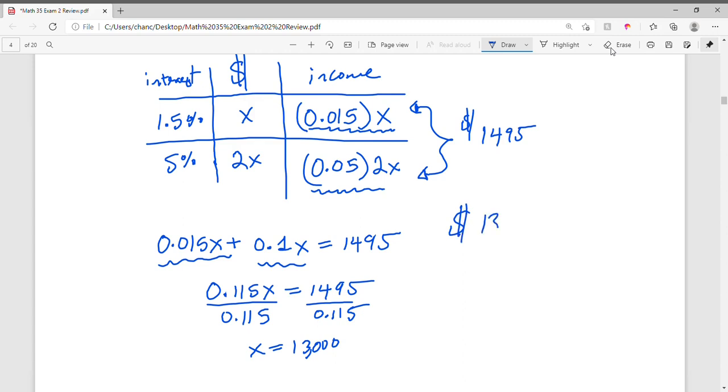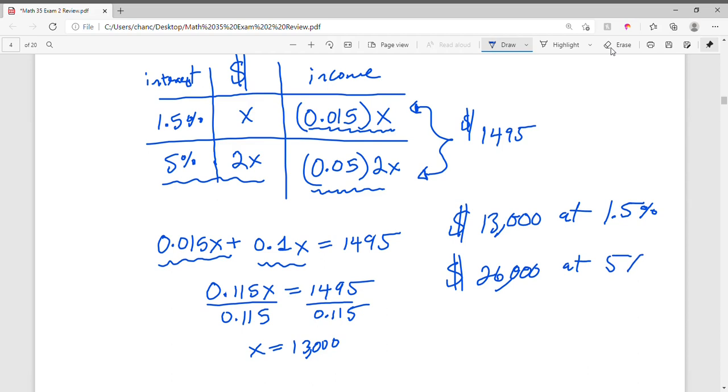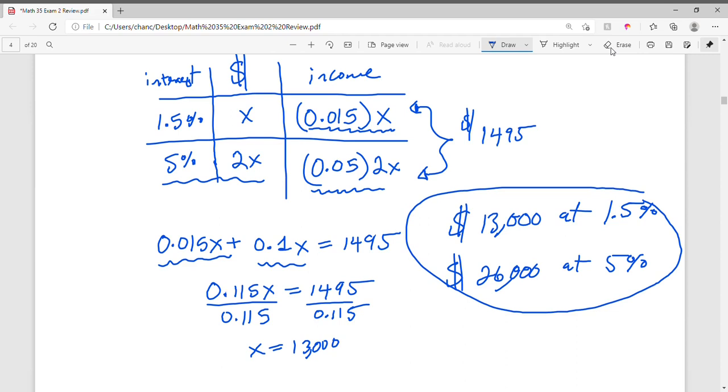I have to invest $13,000 at 1.5% interest. But at the 5% interest, we have to do double that. That means we have to invest $26,000 at 5% interest. That's our two solutions. $13,000 at 1.5% interest and $26,000 at 5% interest.